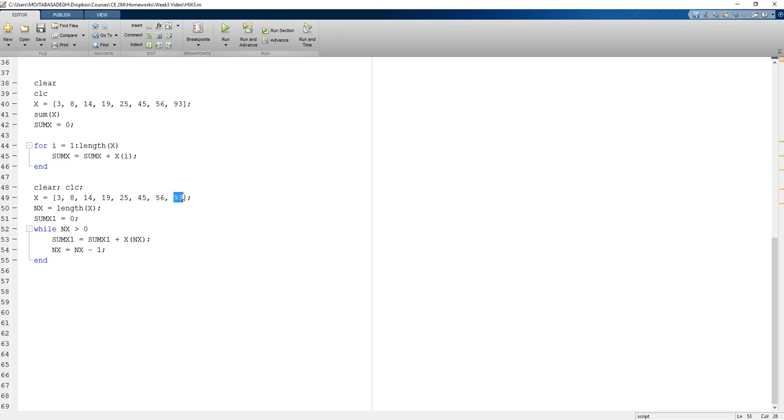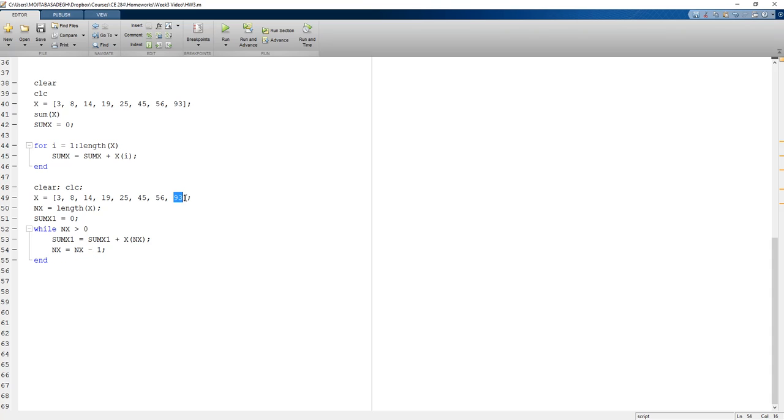It starts from 93 now. x of 8 was 93, so 0 plus 93 becomes 93, and nx now is 7. Goes back. 7 is more than 0. Yes. 93 plus 56 becomes sum x1. And then nx used to be 7, now becomes 6. So it goes all the way to 1.